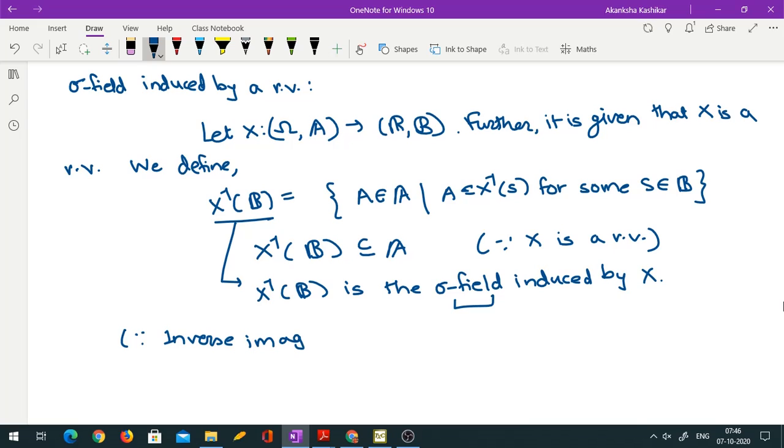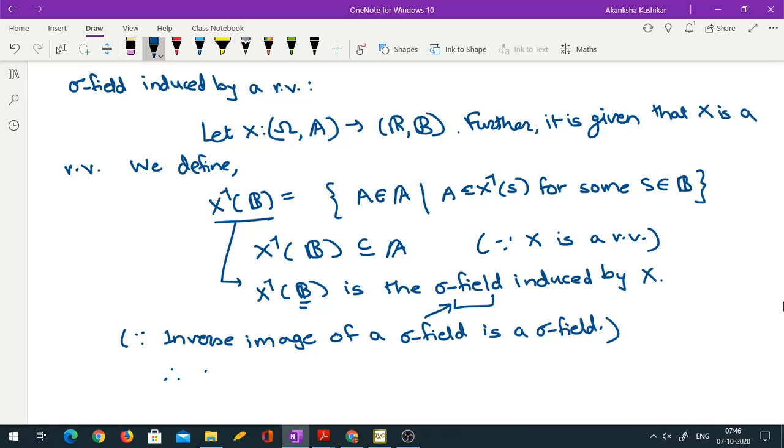Okay, we have seen it in an earlier lecture. Therefore, because we know that script B is a sigma field, X inverse of B must be a sigma field.